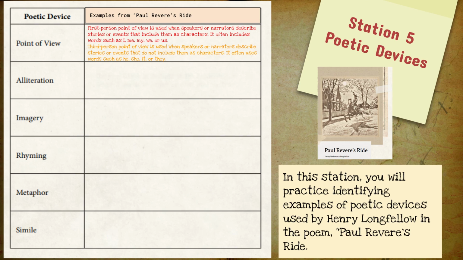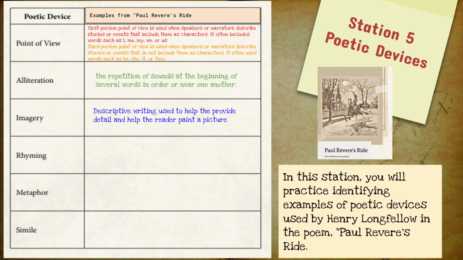We have alliteration, which is the repetition of sounds at the beginning of several words in order or near one another. We have imagery, which is descriptive writing used to provide detail and help the reader paint a picture. We have rhyming, which is saying the same letters, sounds, and words over and over again.